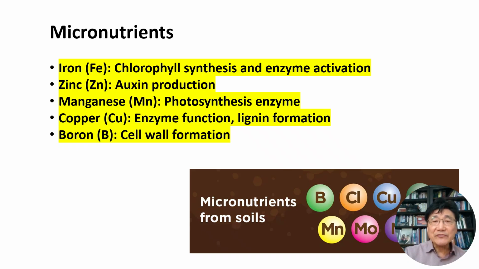Boron binds with pectin in the cell wall, helping stabilize and strengthen it. When deficient, growing points may die and new leaves become distorted or thickened.